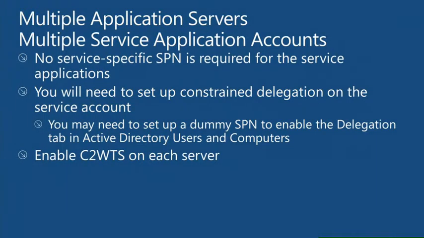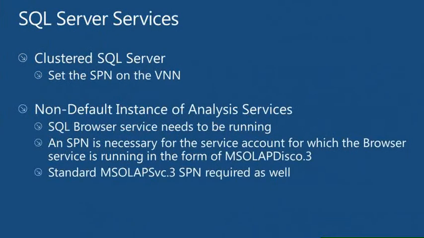Make sure that Claims to Windows Token Service is running on every server. One thing that you might run into as well is you might have an administrator that sets up the same service account on multiple servers running as different user accounts. That's something that you need to watch out for as well. Just make sure that you have all of your bases covered, all your user accounts, all of your SPNs.